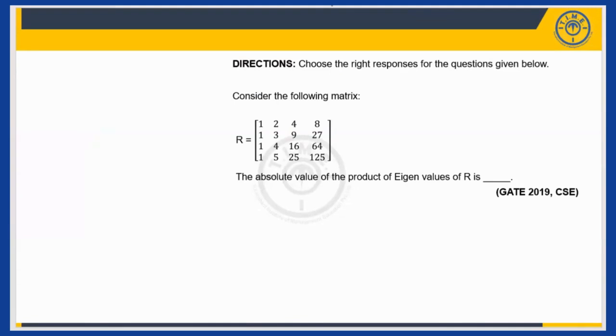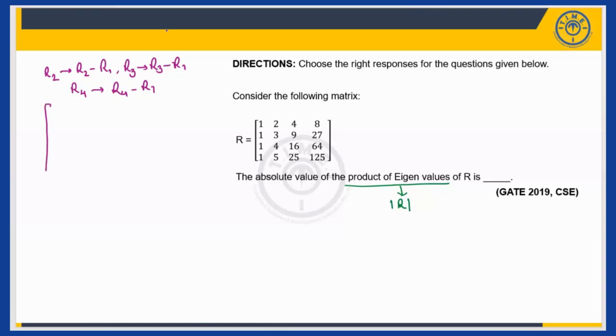The absolute value of the product of eigenvalues. So what is the product of eigenvalues? Find out the determinant. That will be the product of eigenvalues. Now, what are the operations to be applied? So to R2 applying R2 minus R1. To R3 applying R3 minus R1. And to R4, again the same, R4 minus R1.